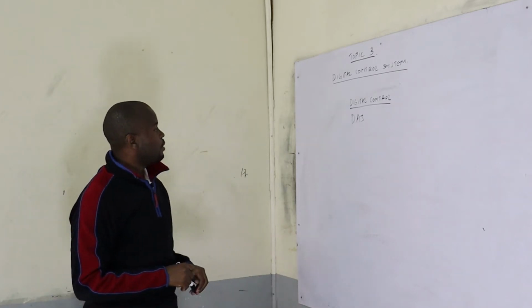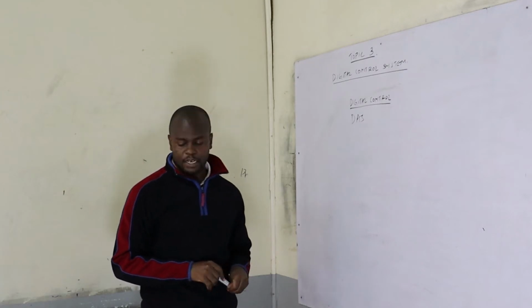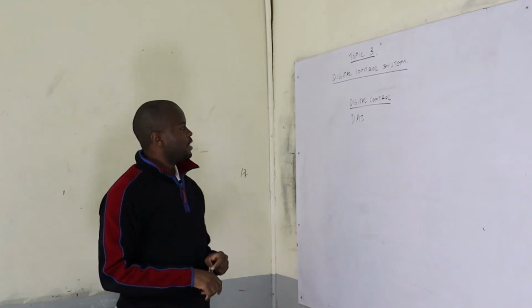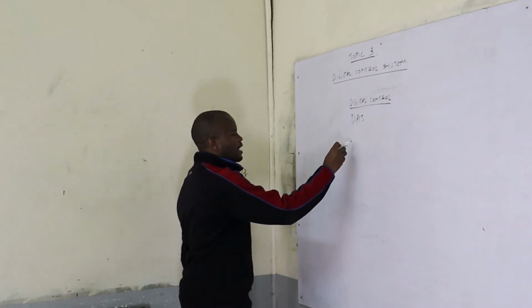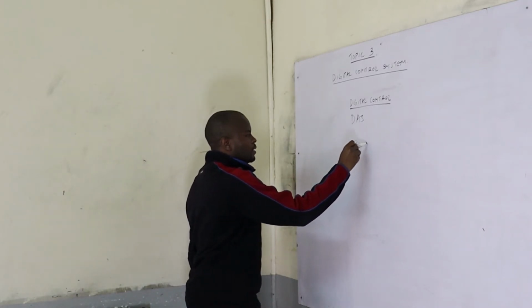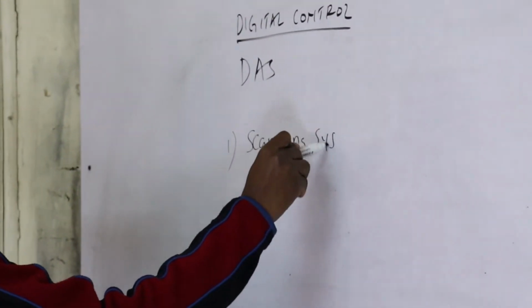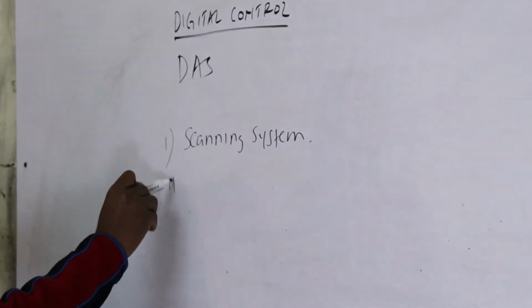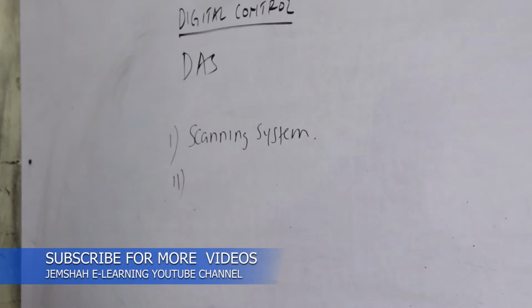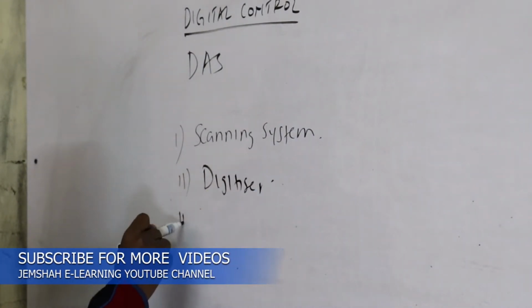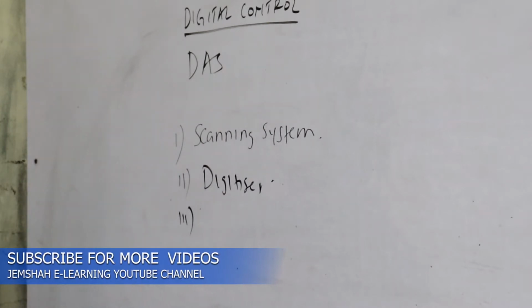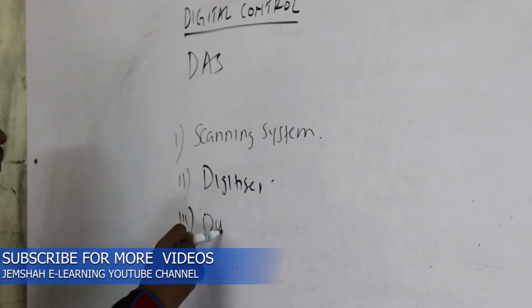The data acquisition system, or data logger, usually contains three units. One is the scanning system. The second unit is the digitizer. And thirdly, it contains the output devices.